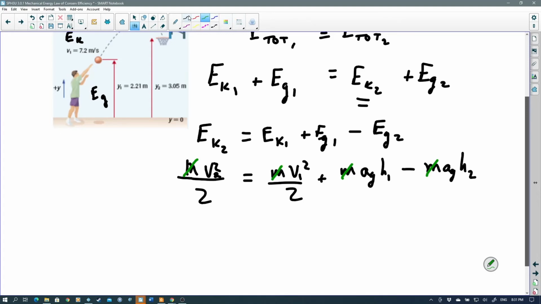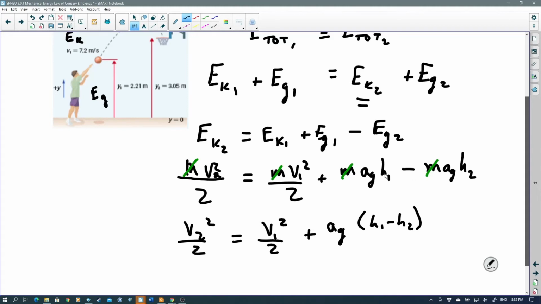There's another neat thing we can do. Notice how you have a gh1 minus a gh2 here. You could also factor that. This is just a little bit of more advanced stuff. You don't absolutely have to do this, but it's nice to see. You could write it as h1 minus h2 by factoring out the g.